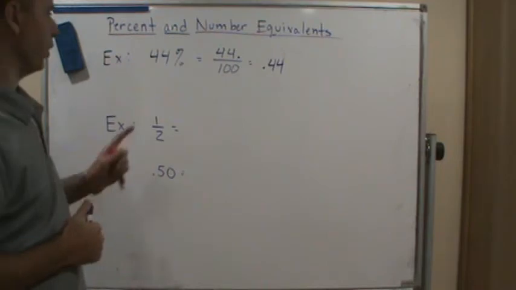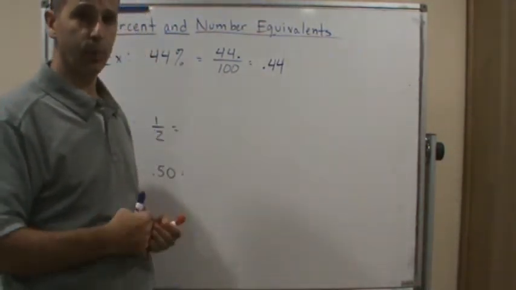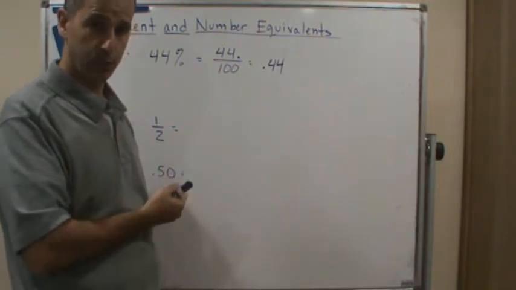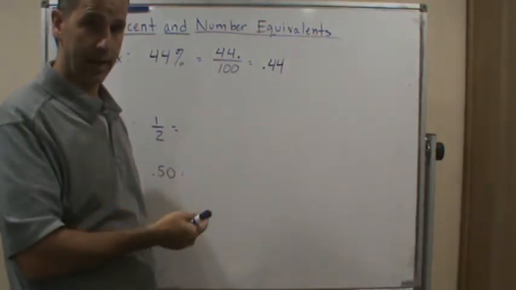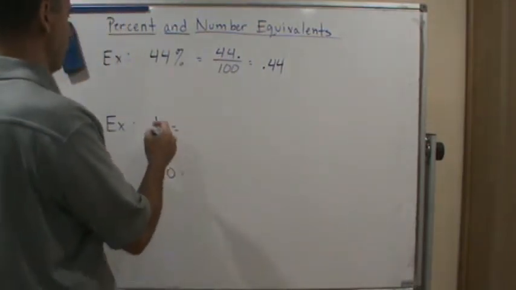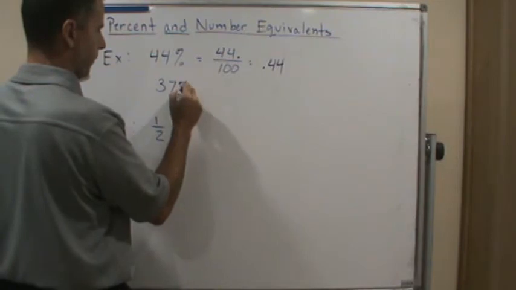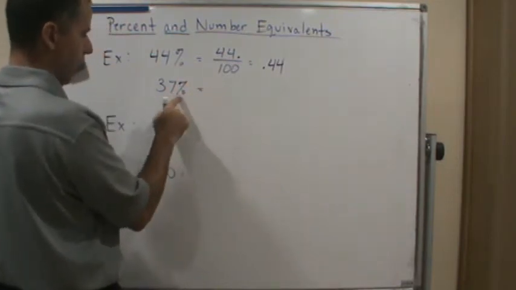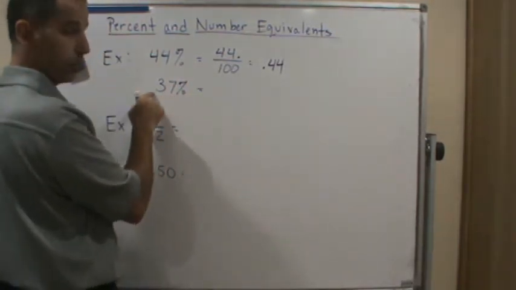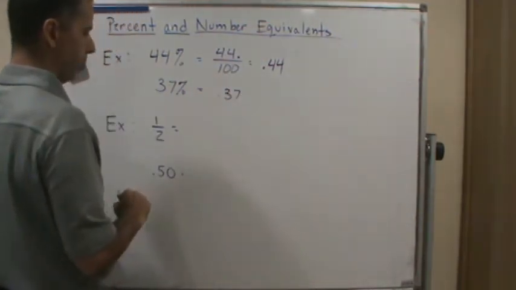So to go from a percentage to a decimal, you basically move the decimal point to the left 2 spots and drop the percent sign. That's it. So if I was to say 37%, again you would just drop the percent sign, move the decimal point 2 spots to the left, and it becomes 0.37.